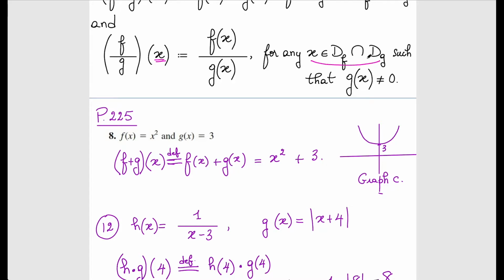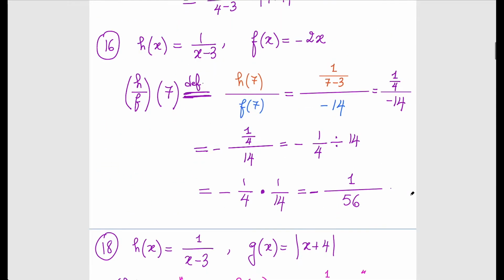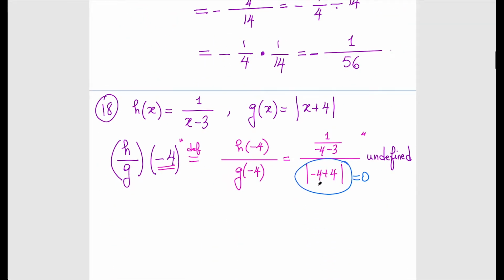They live in the intersection of the domains of f and g, and they also have to verify that the function downstairs, evaluated at this number x, should not be 0. So over here, such an x, which was negative 4, gave me a 0 downstairs, and hence negative 4 is not in the domain of h over g.